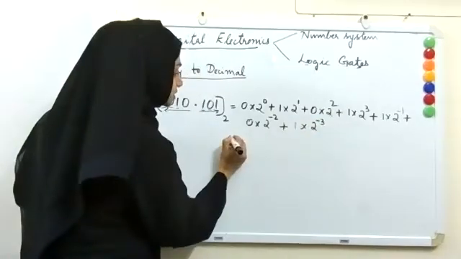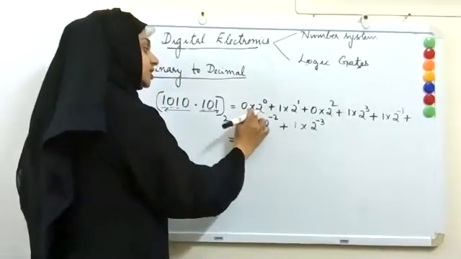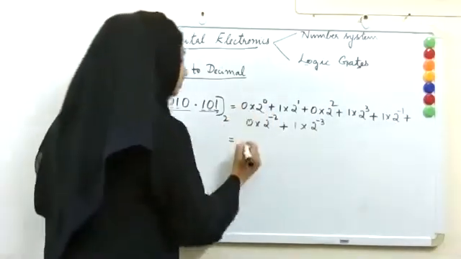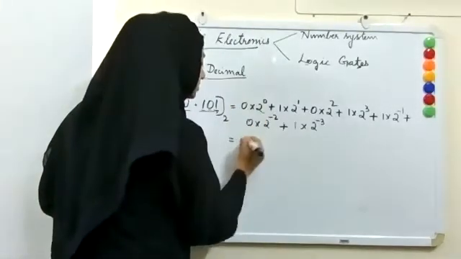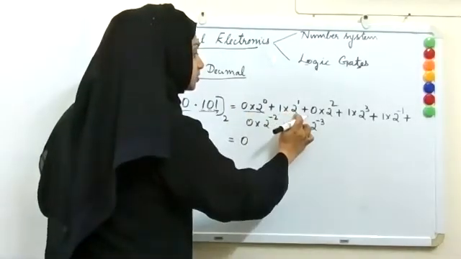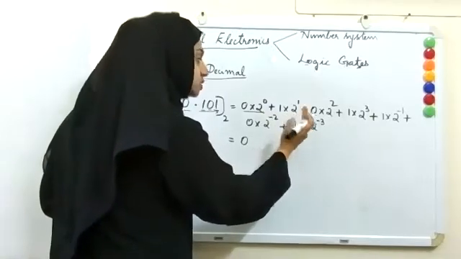So this is equal to 2 raised to 0 is 1, and 1 into 0 is 0. Then 1 into 2 raised to 1: 2 into 1 is 2.